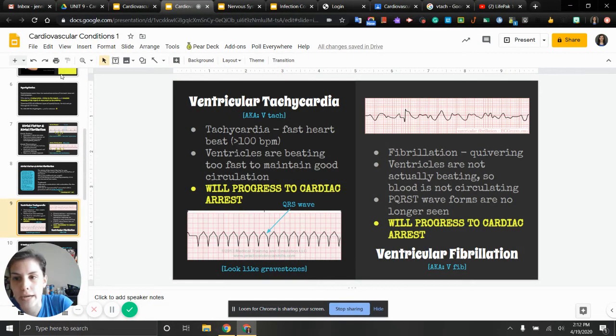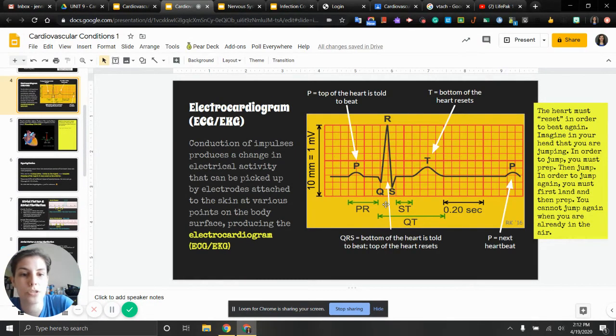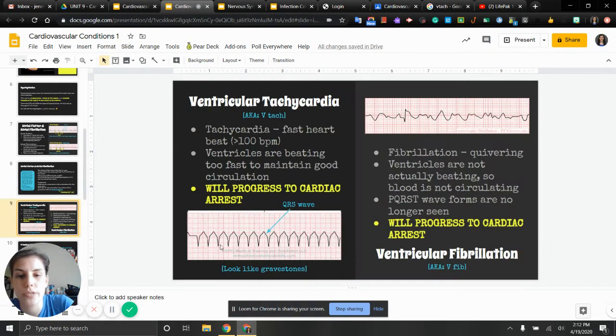So if we go back to our original QRS, nice spike. There's one every once in a while. They're not this close together. Okay, so we've definitely sped up the speed of this. I would say that this is probably about 200 beats per minute, which is way too fast.